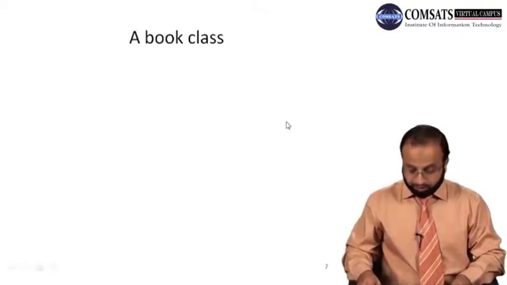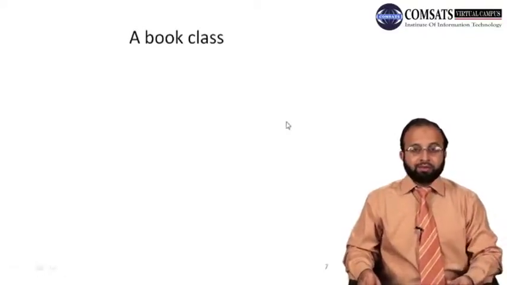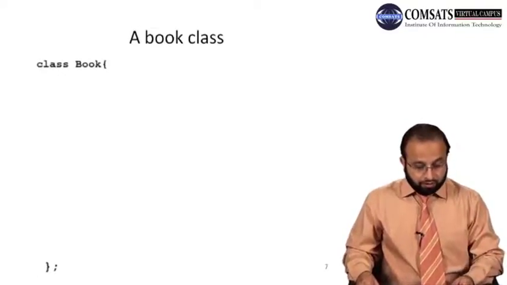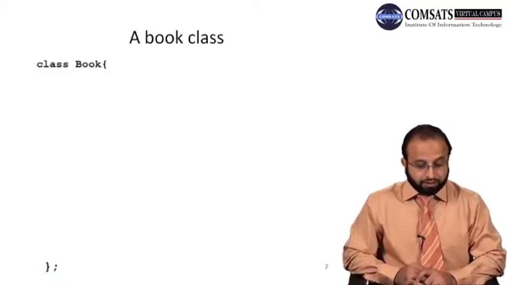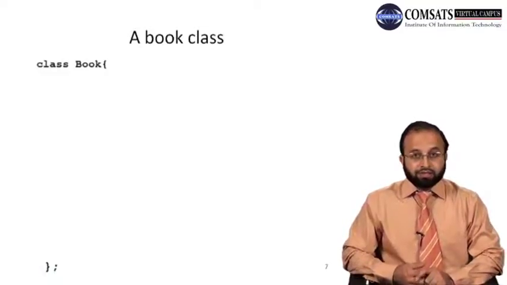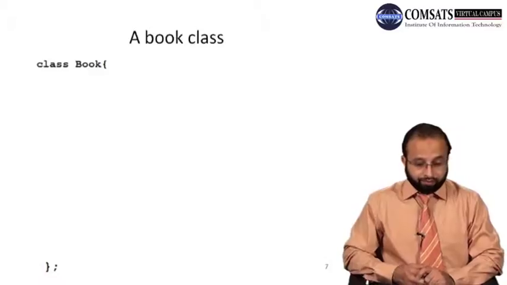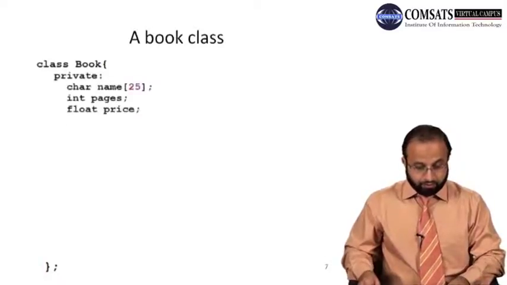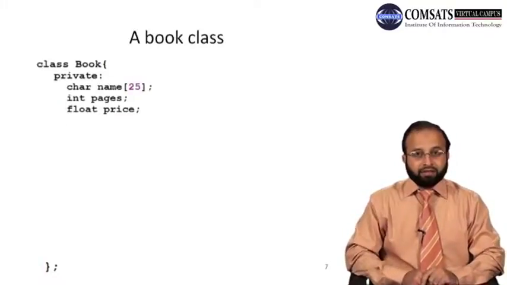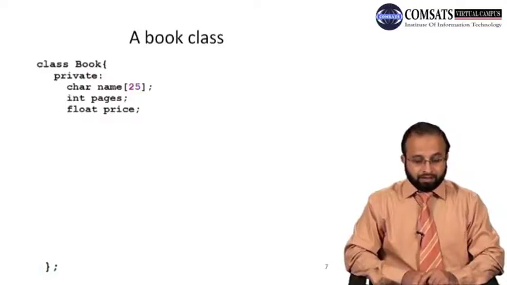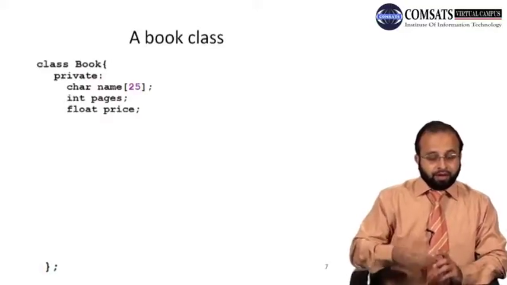Now let's look at the book class, a simple book class. We use the keyword class, and the name of the class is Book with a capital B. We have some private data members in the class, and these are the attributes of any book.